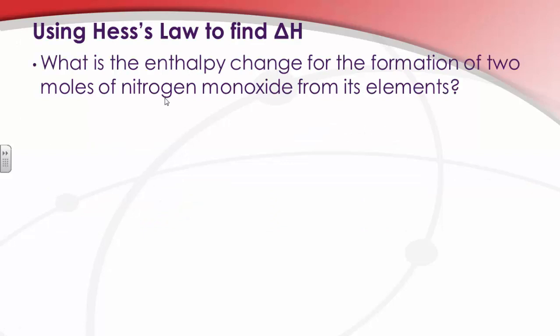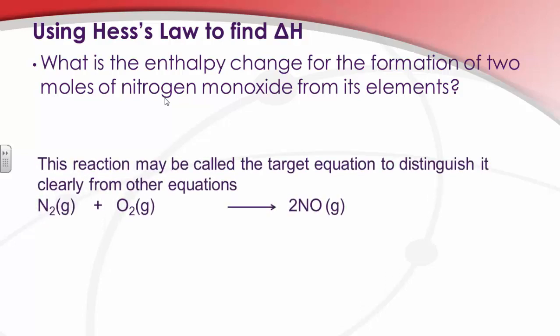So let's take a more complicated example then. If we have a situation where we want the enthalpy change for the formation of 2 moles of nitrogen monoxide from its elements, we can first write our target equation. So nitrogen plus oxygen to give nitrogen monoxide.